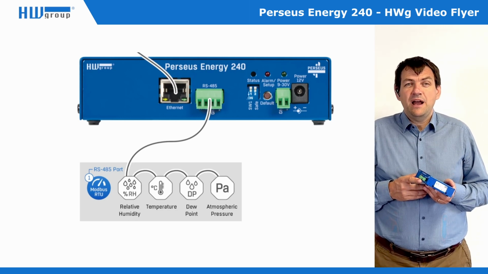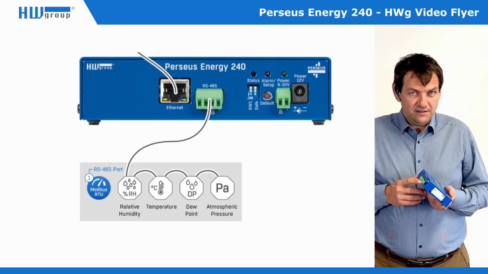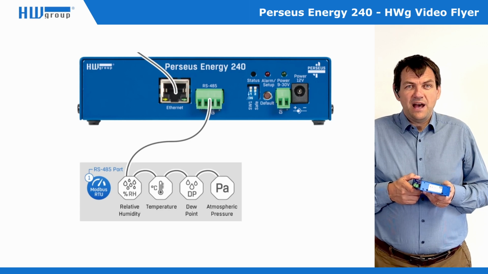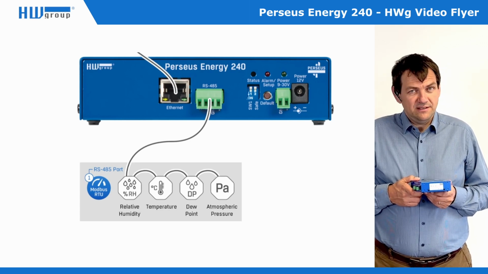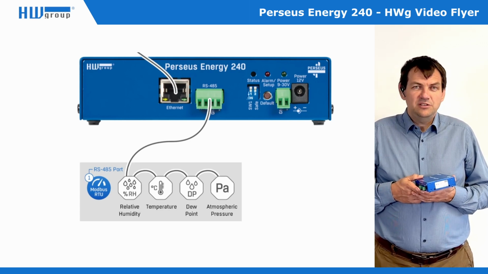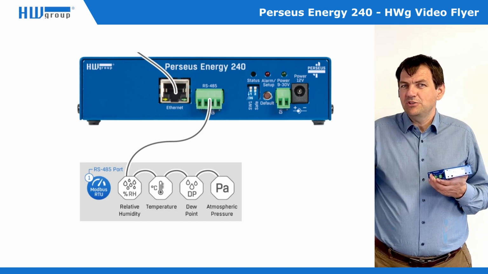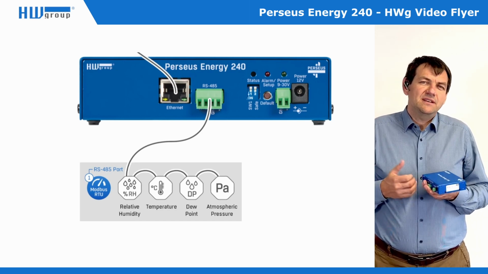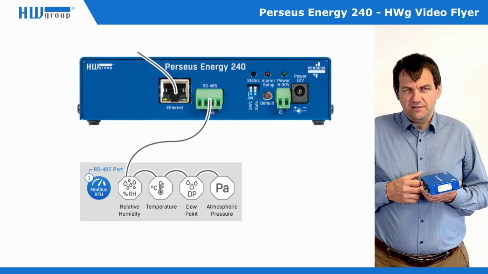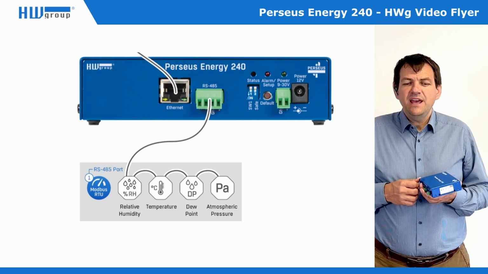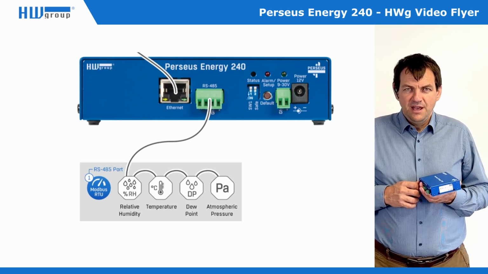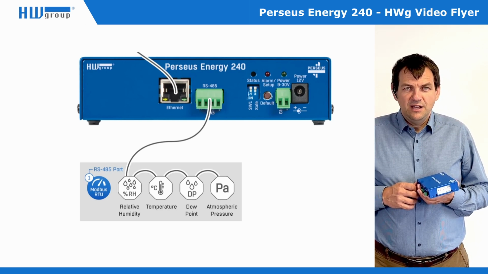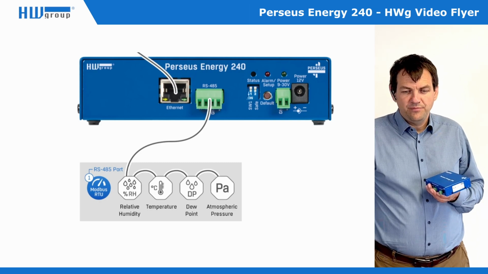The beauty of RS-485 RTU is that you can connect third-party generic RTU sensors, so typically energy meters or some special sensor, and the Perseus itself is a kind of gateway. In the end of the day, it can be a very effective system how to connect your RTU sensors to the whole ecosystem of HW Group.